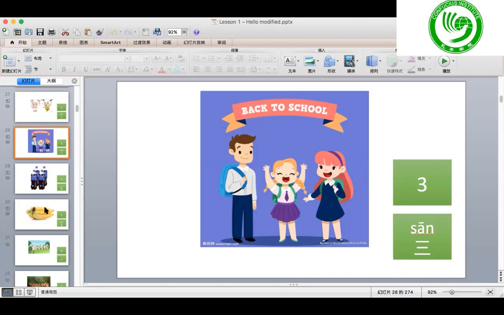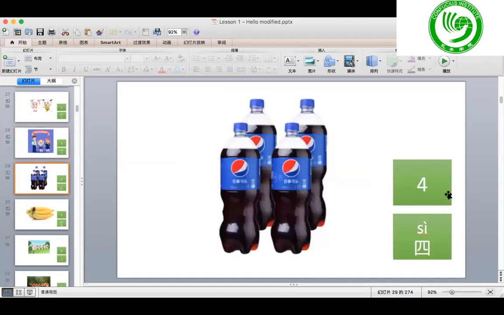Then let us continue with 4. This is 四. This is the gesture for 4. Okay, let us count together from 1. 一. 二. 三. 四.